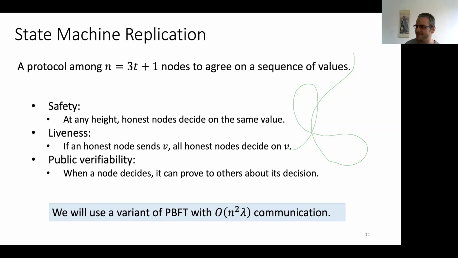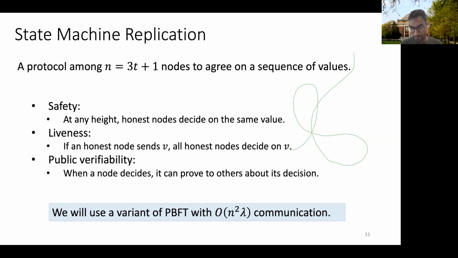I didn't exactly follow. If you have, let's say, one third bad leaders, why is it n squared amortized? Each leader can only take up order n squared lambda communication cost. When the network is synchronous, an honest leader will make sure that whenever they are leader, an output gets decided.